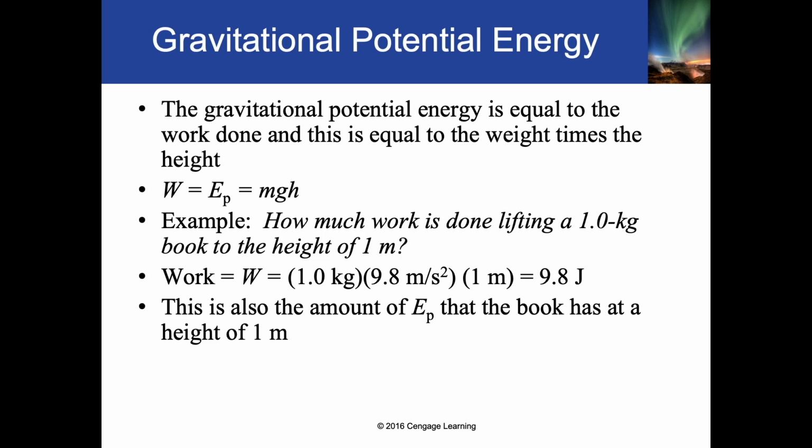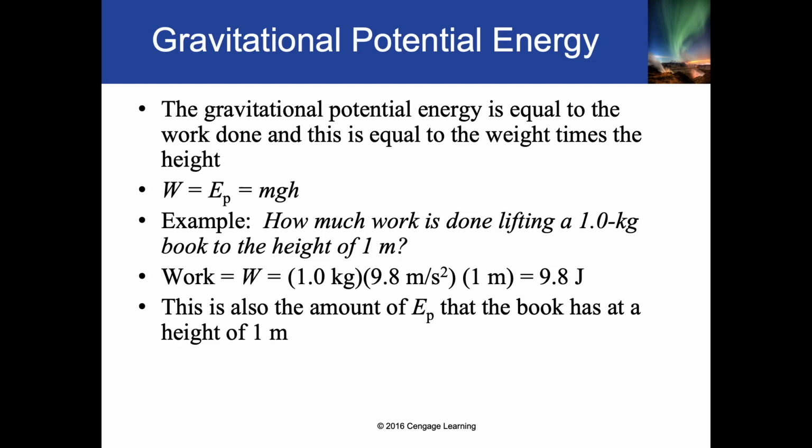The gravitational potential energy is equal to the work done, and this is equal to the weight times the height. So it's basically restating it again: EP equals mgh. Here's our example. How much work is done when lifting a 1 kilogram book to a height of 1 meter? It's very simple. We take the mass of the book, which is one kilogram, and put it in there.